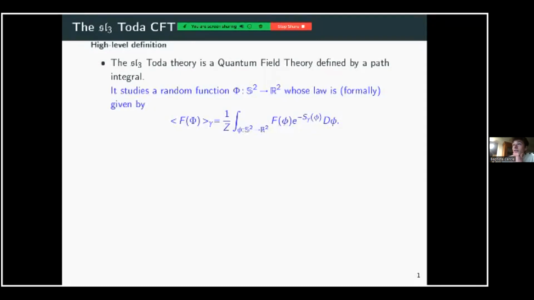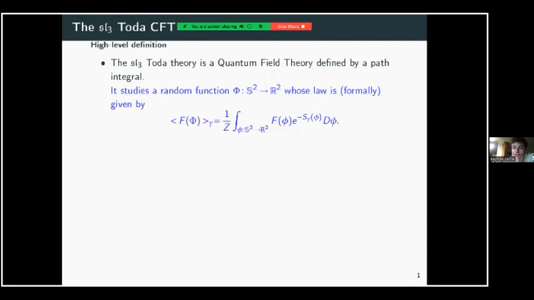In the case of this SL3 Toda theory, the random function that we study takes values in a two-dimensional surface, the two-dimensional sphere S2, and has values in a real vector space.